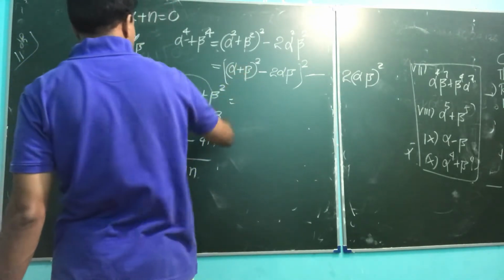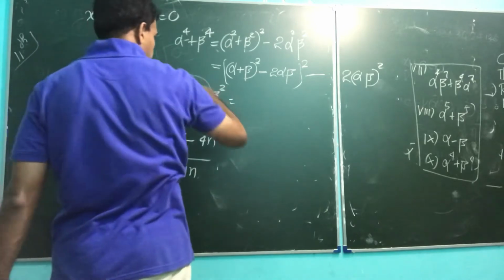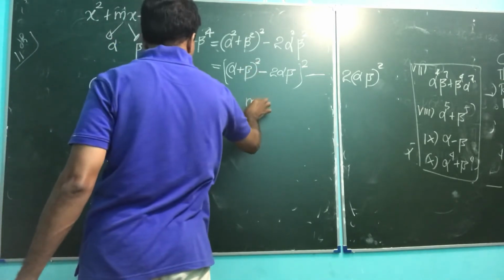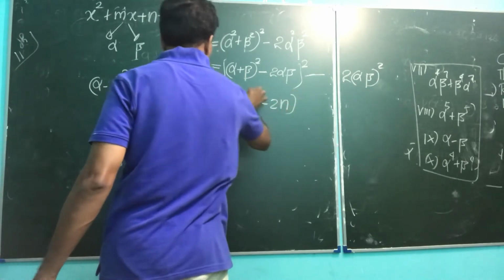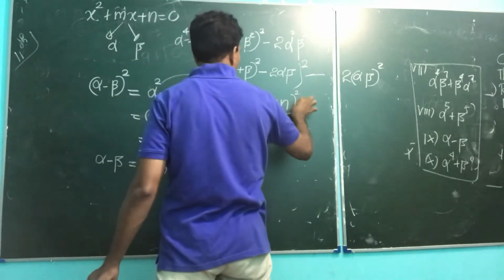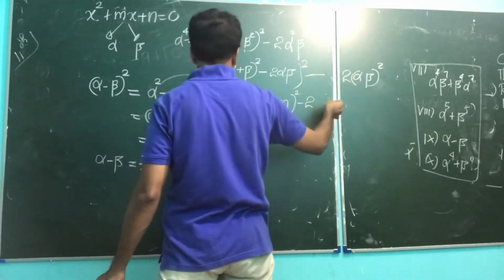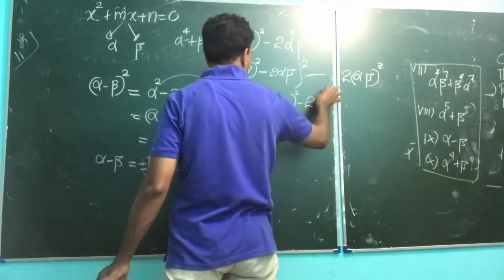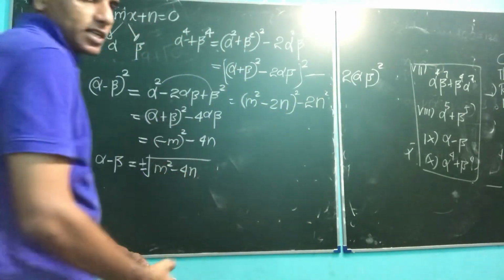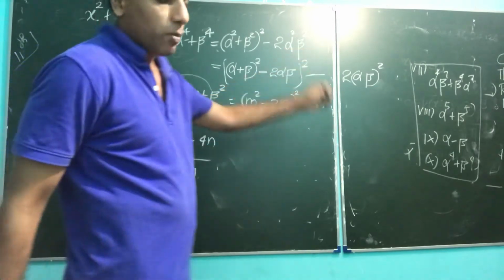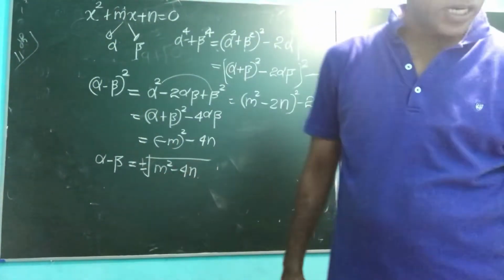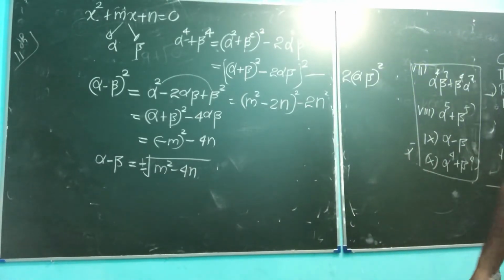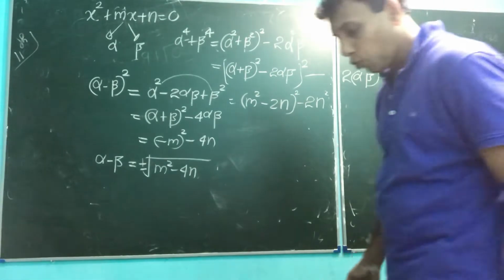Alpha plus beta is minus m, so the square is m square. M square minus 2 alpha beta, that is n, completely squared, minus 2 times alpha into beta, n, right? Okay, that's the case of this basic problem. So many parts I worked this morning, and now the whole problem is completed. The roots are given and we are finding the answers of the following, right?